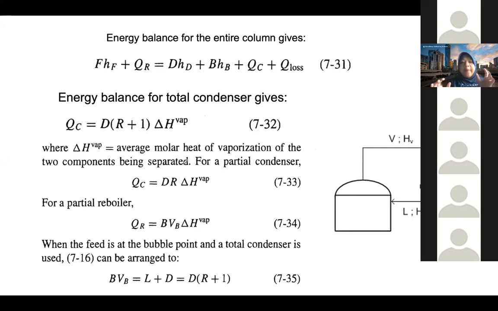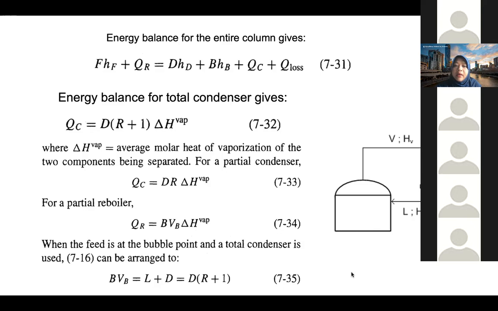So if we have a mole fraction of A and a mole fraction of B, you have to check the mole fraction of A multiplied with the heat of evaporation of A plus the mole fraction of B multiplied with the enthalpy of vapor of B. So the approach is the ideal approach.